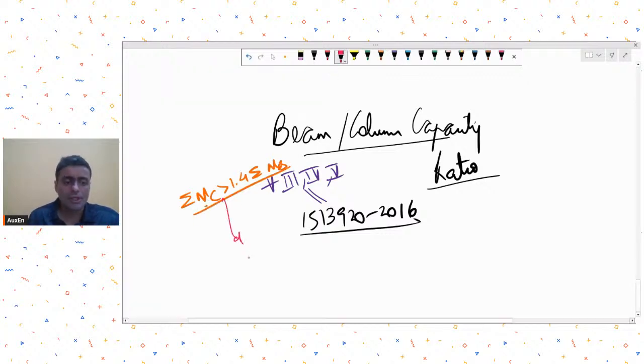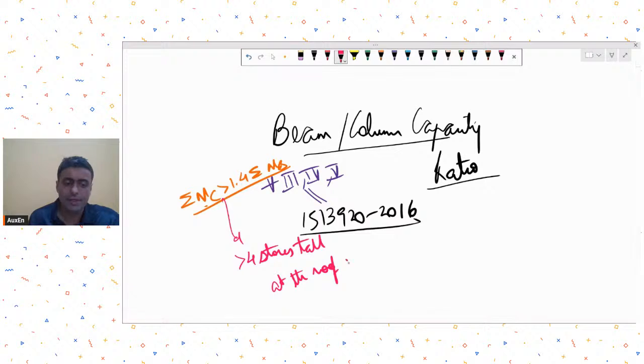There's only one provision: if your building is more than 4 stories tall, then at the roof level it is allowed to not check the BC ratio. That is also for buildings more than 4 stories tall.